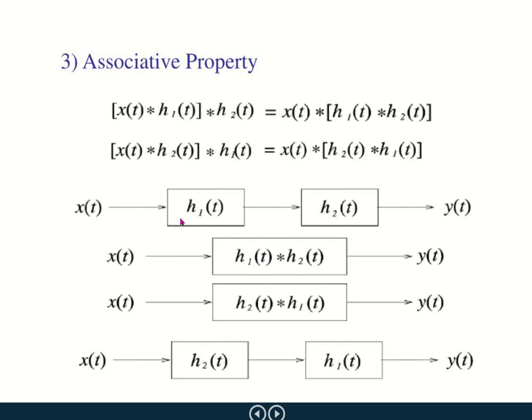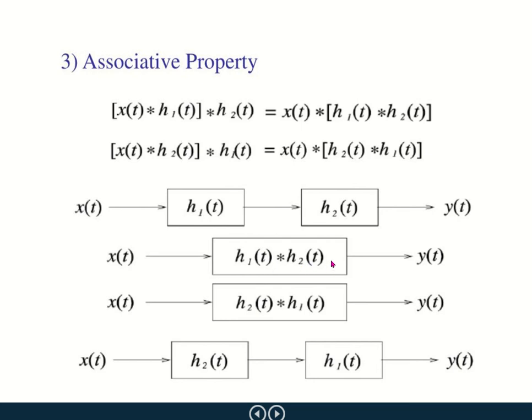In other terms, if we have h1 convolved with h2 first, then we convolve x with the result of these two, then again we are going to get the output y. This is shown in the figure below. So h1 is convolved with h2, and if x is fed to it, then you get y.